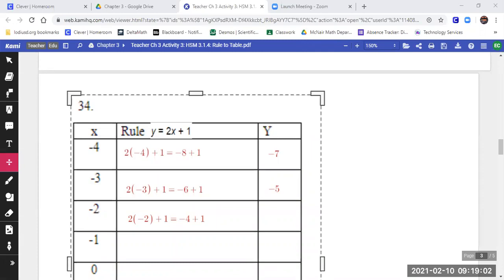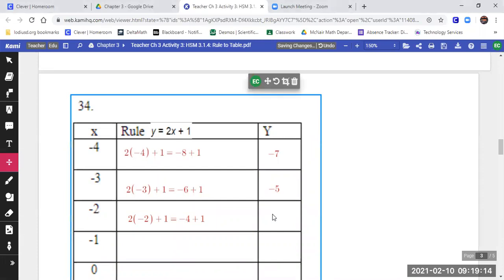Negative 3. Thank you. Okay. I'm replacing the negative 2 with a negative 1 now. Okay. So we keep going.